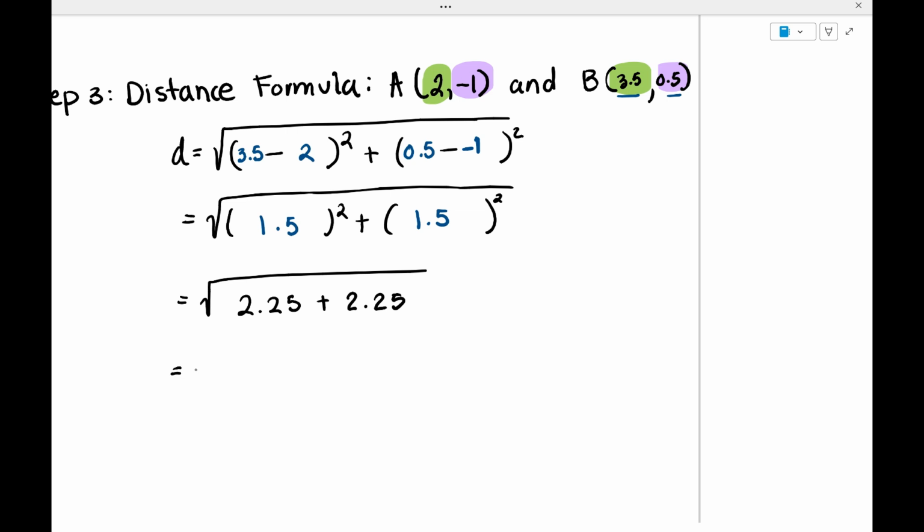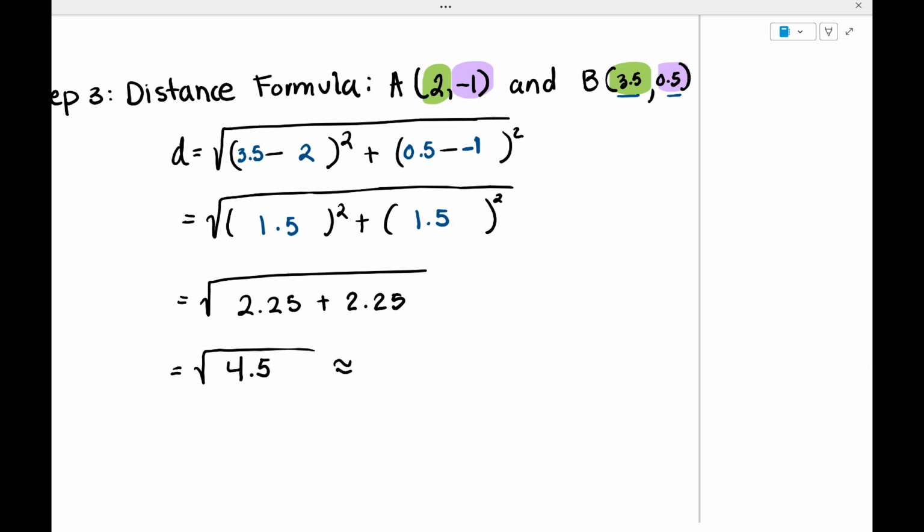Take their sum. And then we're going to go ahead and take the square root of 4.5.